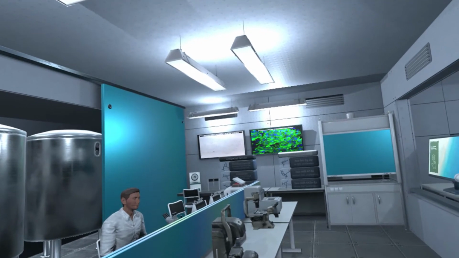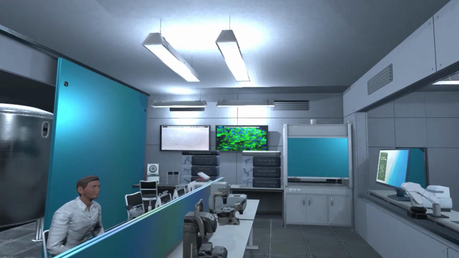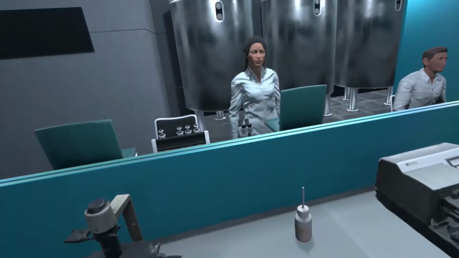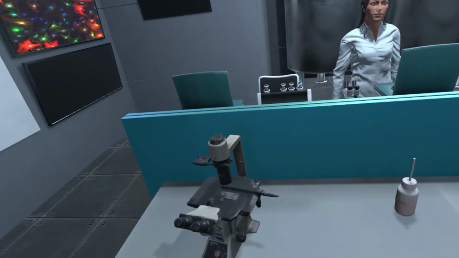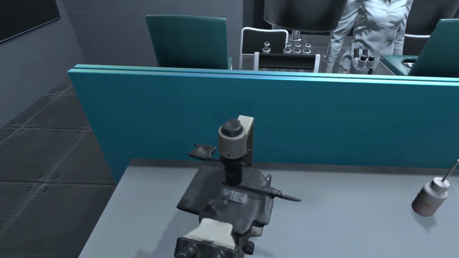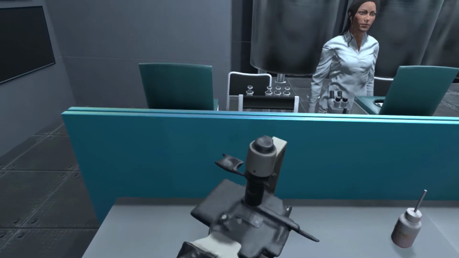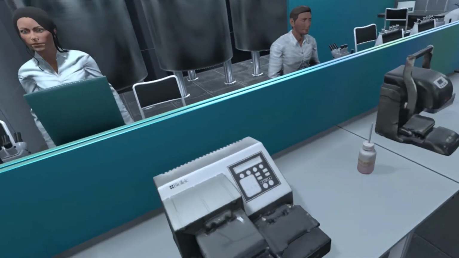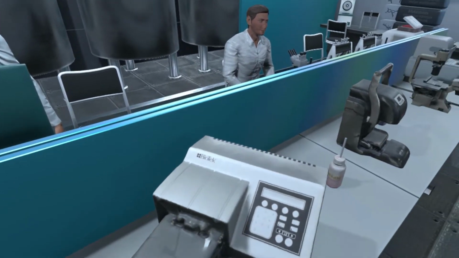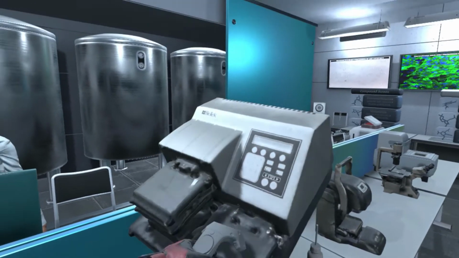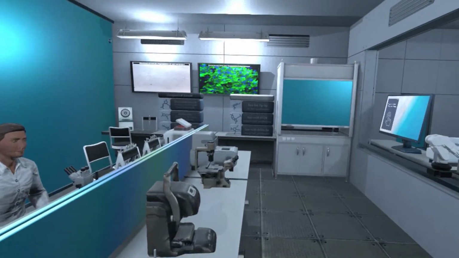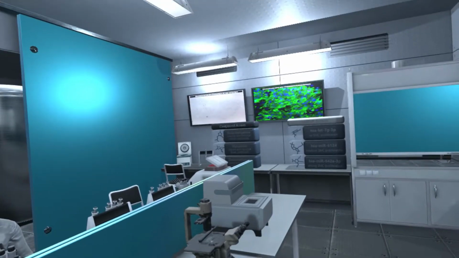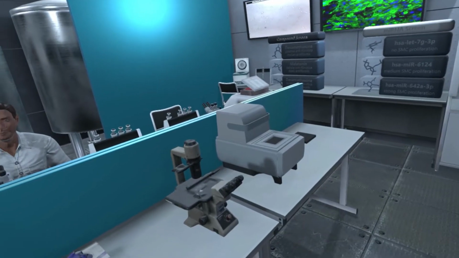Here we are in a virtually recreated lab featuring some of the actual equipment from ICGEB. This equipment has been 3D scanned by us and represents a fine sort of gamification addition to our experience.